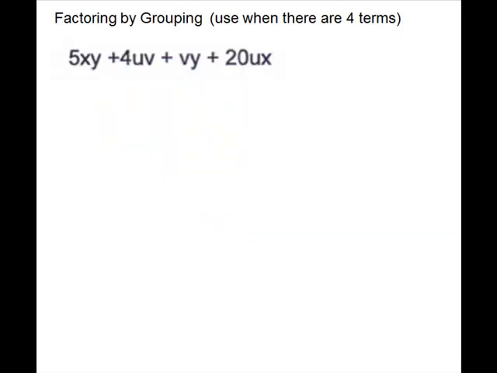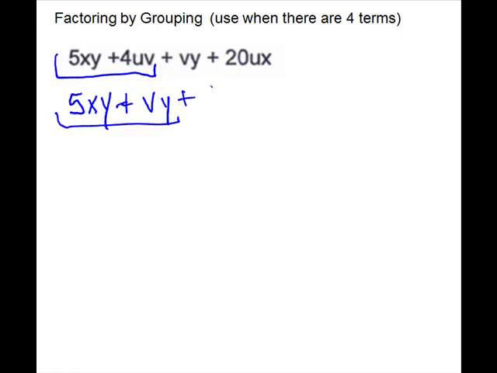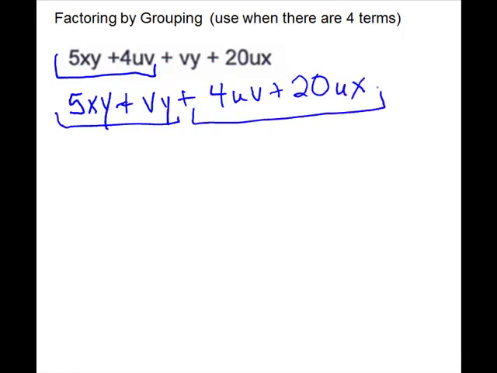This next problem is another one that if we tried to group in order, there is no common factor in there and no common factor over here. So it's not going to work. So I'm going to rearrange the order, and I'm going to put the VY in with the first term to make a group, and I'll move the 4UV over here to make my second group.